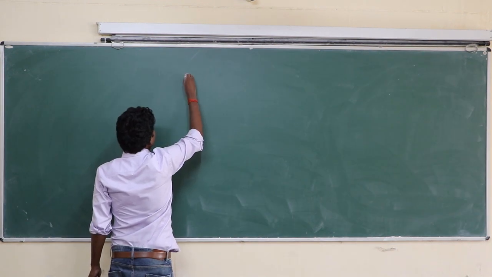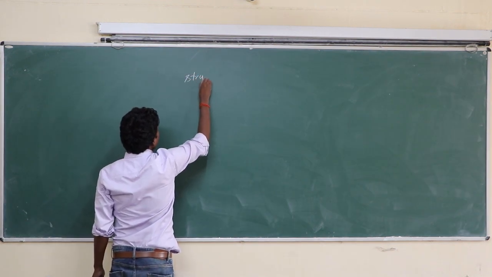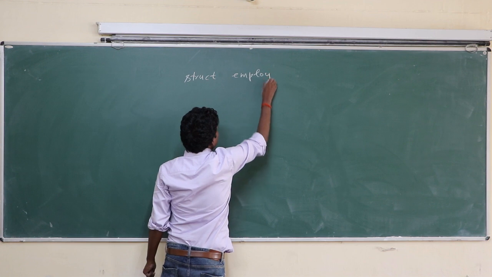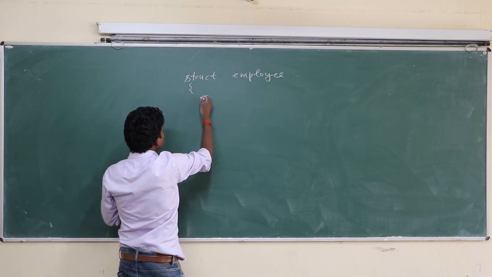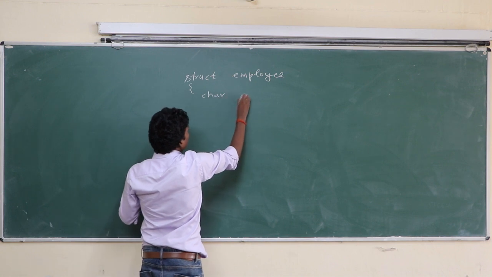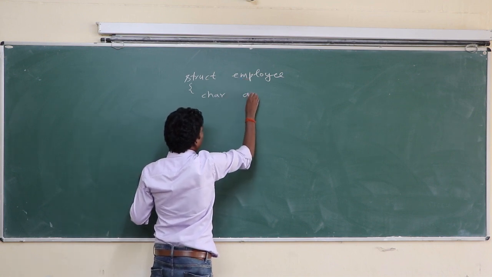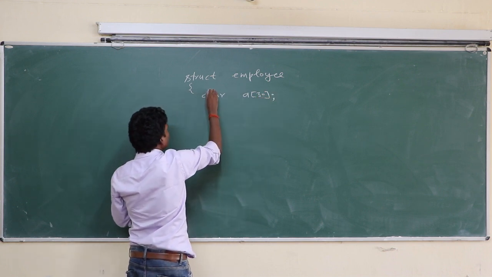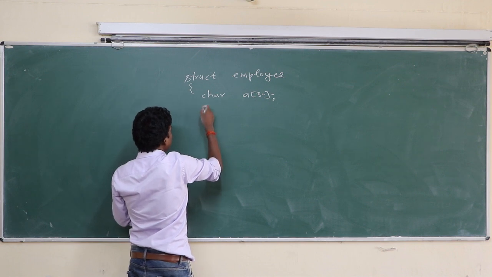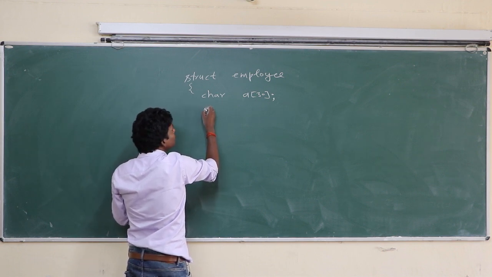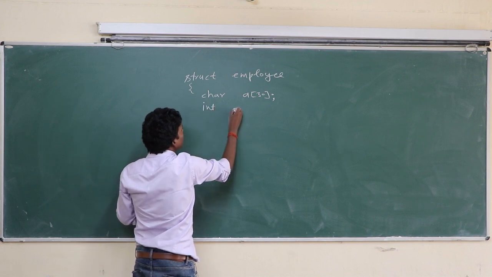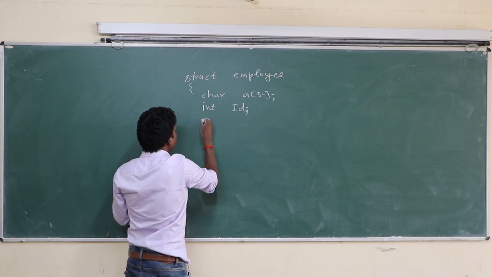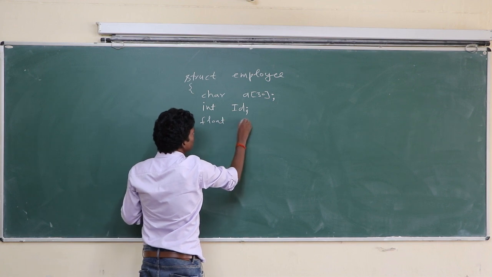One more problem: struct employee. Here is a char A of 30, and here int id, here float salary.